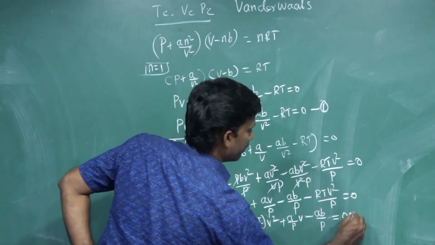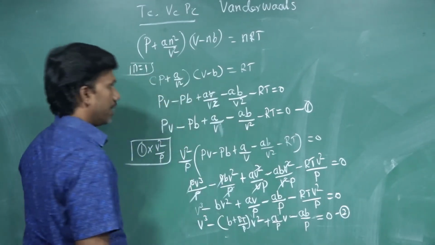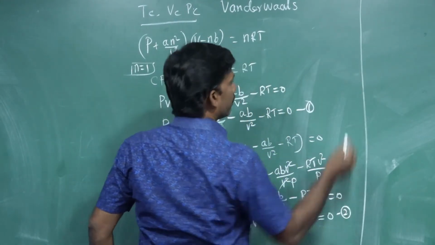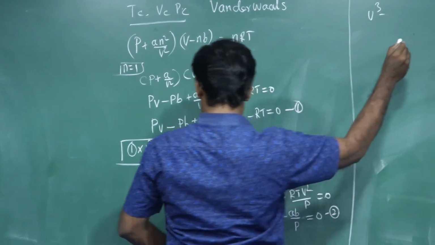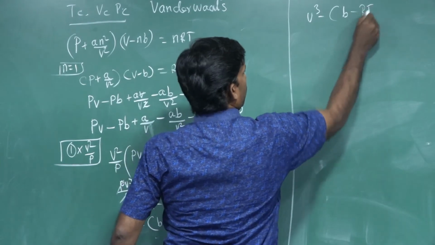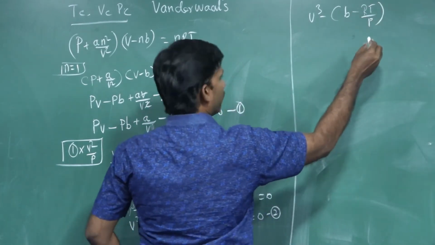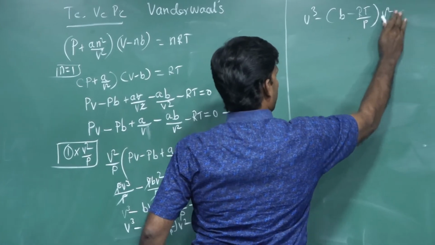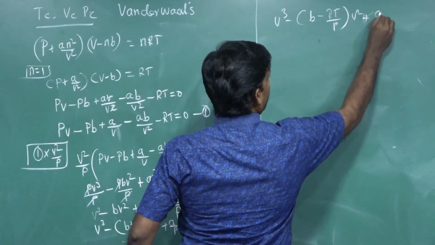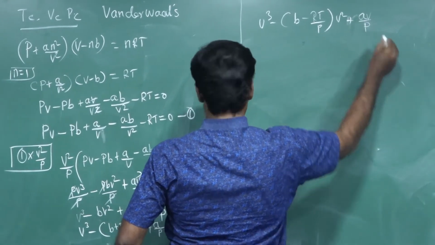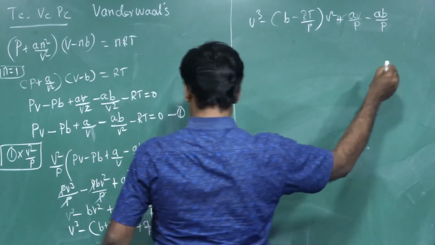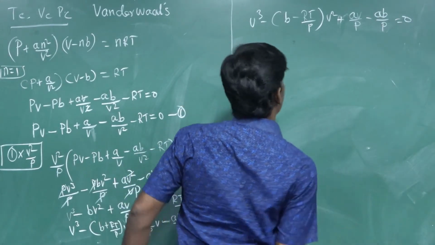Let this be equation 2. I am writing the top again for continuation: V³ - (b + RT/P)V² + (a/P)V - ab/P = 0.